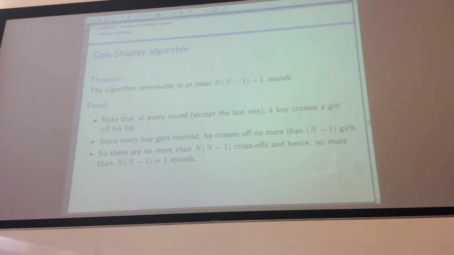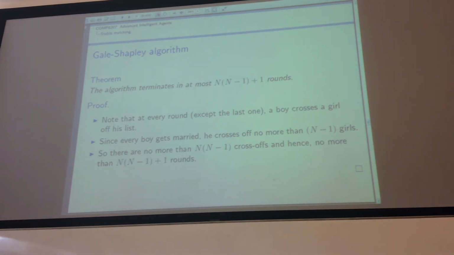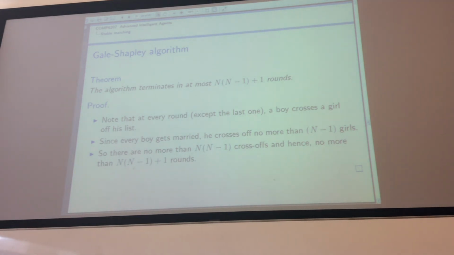So the boy that was rejected crosses a girl off the list, and then how many crosses can there be? n-1 for each boy: one girl, next girl, until the last one. And there are n boys, so we have n multiplied by n-1, plus 1 for the last round. So no more than n squared. Pretty fast. An easy exercise.